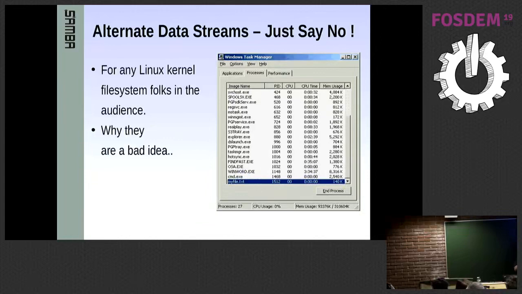And it's his personal reason why alternate data streams, this ability to have multiple different streams inside a file, is a terrible idea. What it shows is the Windows Task Manager, because Windows has alternate data streams, running a list of processes, and if anyone's familiar with Windows processes, they're the standard ones, Spoolsv, Svchost, Explorer, you name it. Then at the bottom, there's a process running called myfile.txt.